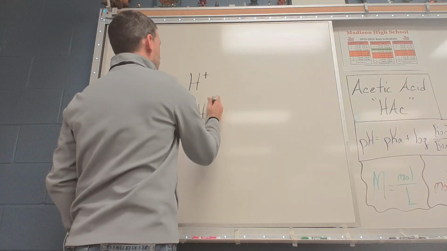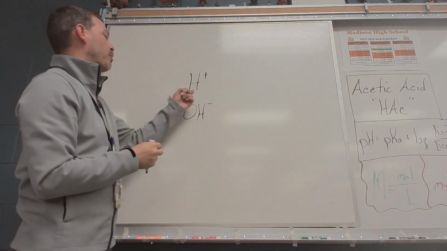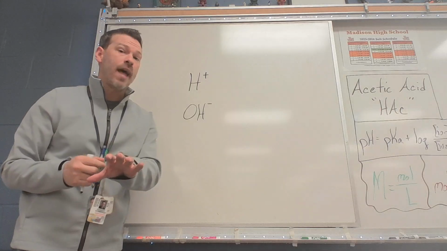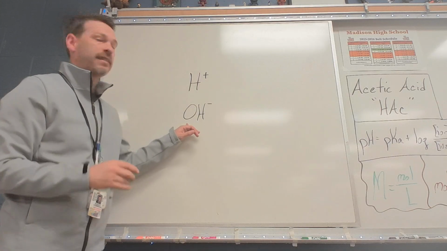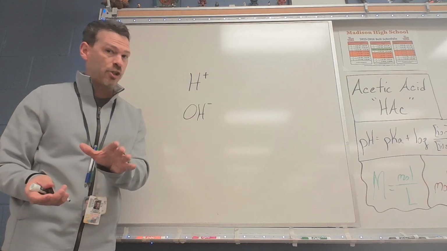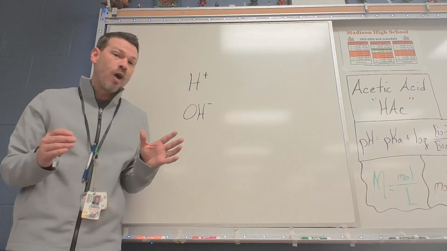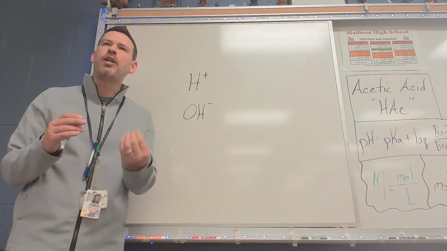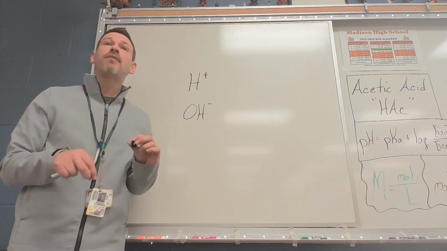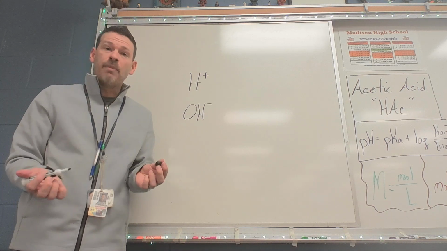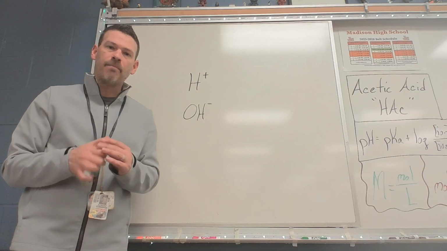Maybe it's going to be hydrobromic acid, HBr. You know that's strong, so it's just the H plus that's doing stuff. Or maybe it's going to be lithium hydroxide. You know that's strong, so it's just the hydroxide that's actually changing the pH. There will not be weak invaders in this class. There can be weak invaders, just not in AP Chem.